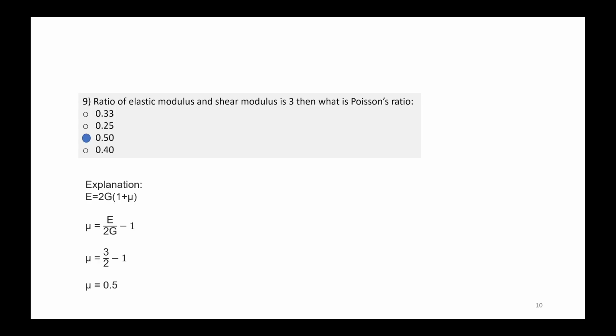As I told earlier, this formula is used. This is the relation between elastic Young's modulus and shear modulus. So elastic modulus E equals 2 times G in brackets 1 plus mu.